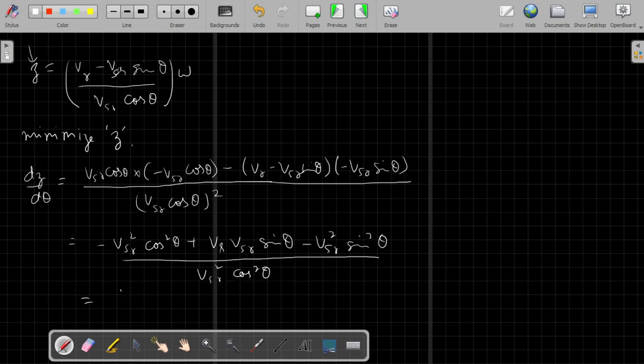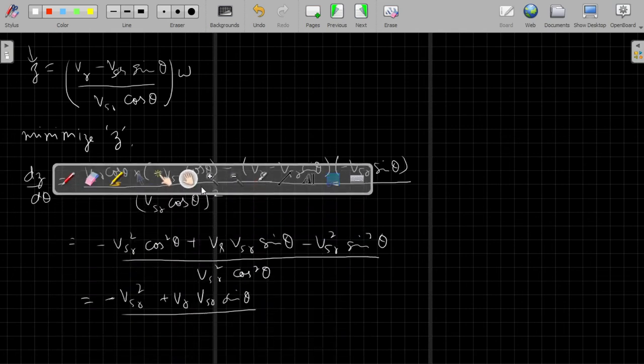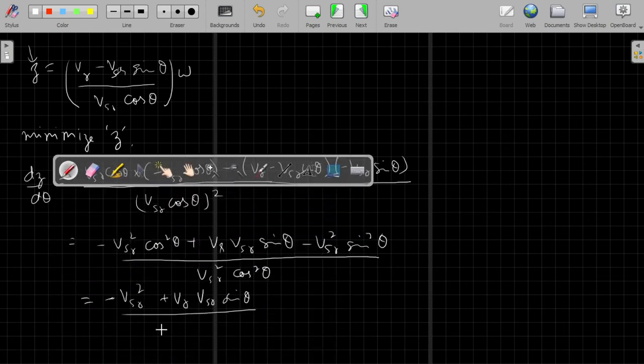So this would give us VSR squared with a negative sign plus VSR sine theta divided by VSR squared cos square theta. This is equal to dz by d theta.